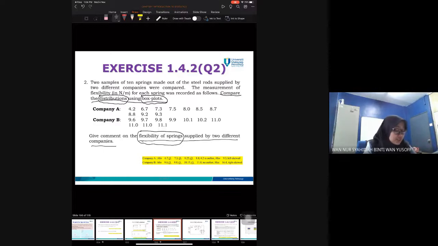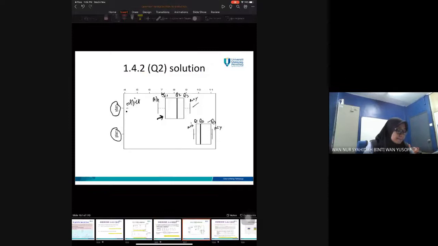Because it is stated here that we have to compare by using box plot. In order to know the distribution, you have to sketch the box plot. So it is clear why you have to sketch or plot your box plot. Then we need to answer the question here. First, distribution is the shape of your box plot.